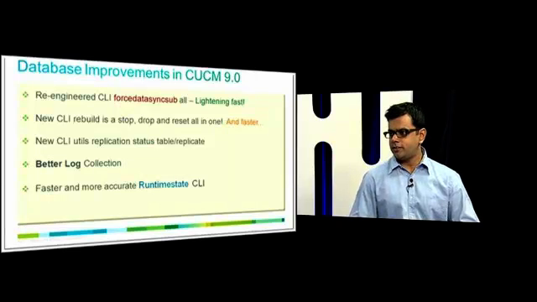Lastly, the Runtimestate CLI again. Not only is it the most critical command for monitoring the replication setup and the current status, but now it's much faster. It's a multi-threaded command, and it will not hang if there's any one server that is unreachable. So you would not have to sit there and wait for that command to come back and print out the rest of the output.